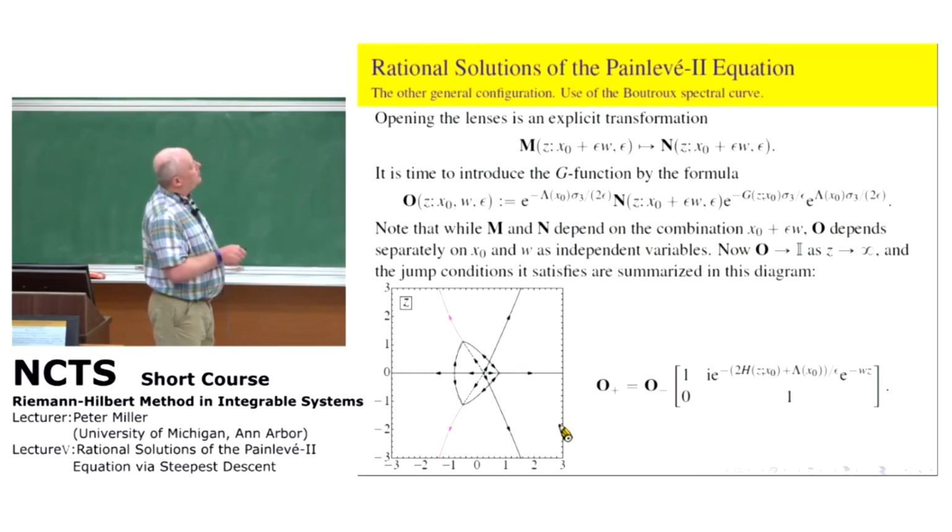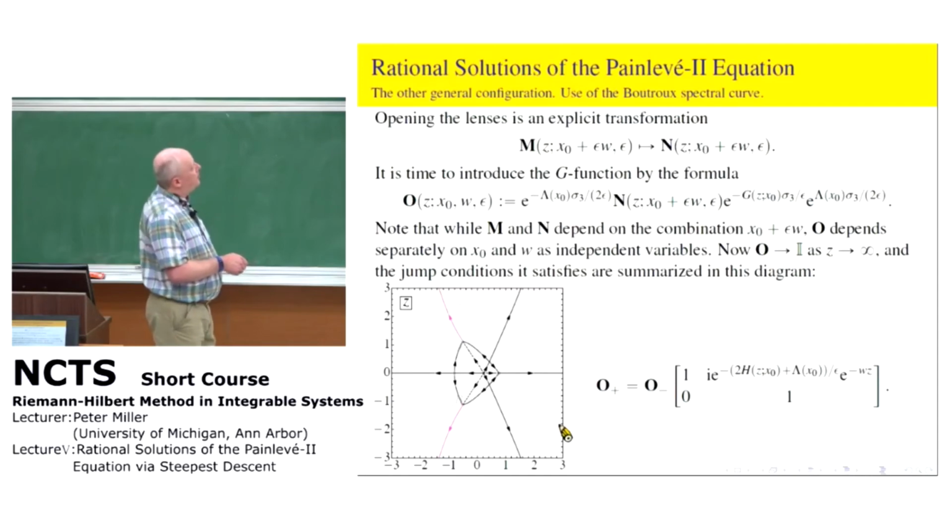And now we introduce the g function by this formula. So again, we call this matrix O of z, x naught, w, epsilon. It's got, again, this kind of conjugation by the Lagrange multiplier, which is now the capital lambda variable, or function, constant, okay? Then there's the g function factor, and then there's the matrix N, which had just the deformation of the contour and the opening of the lenses.